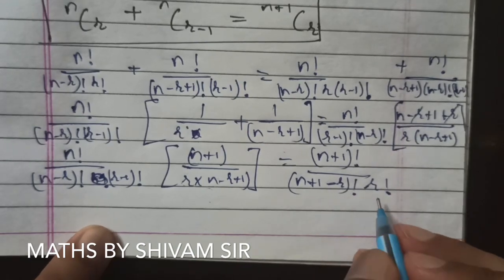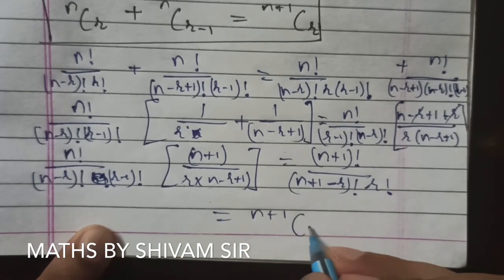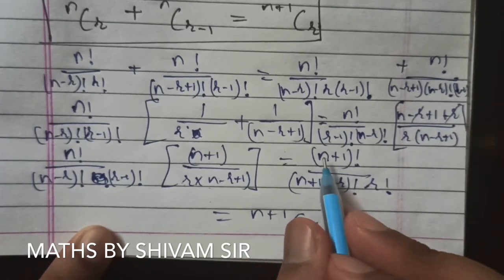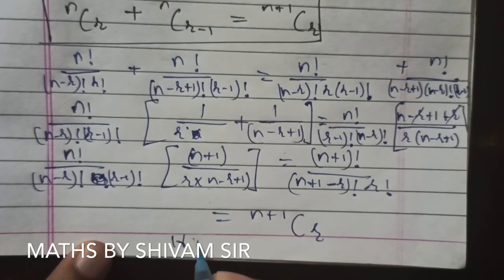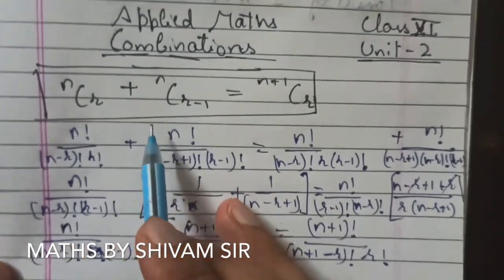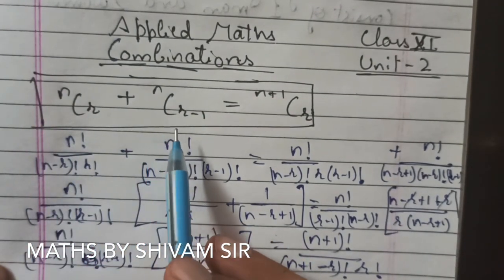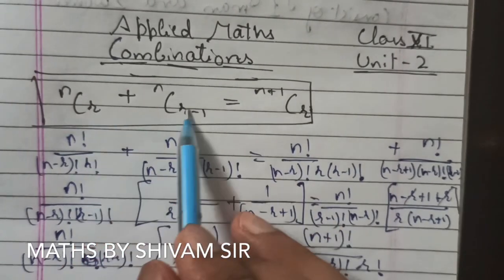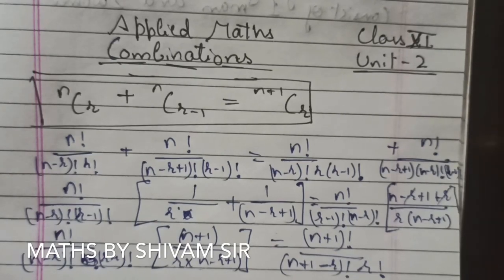So this is (n plus 1)Cr. Hence proved. So wherever we find nCr plus nC(r-1), we can directly replace these two values with (n plus 1)Cr. I hope it is clear to you.